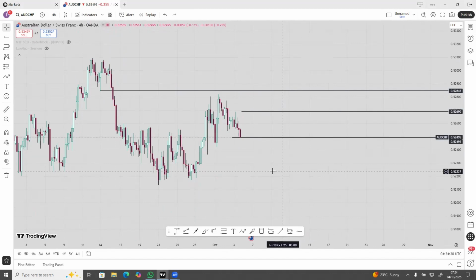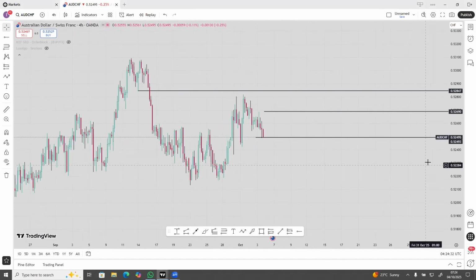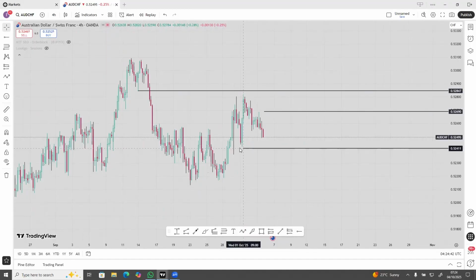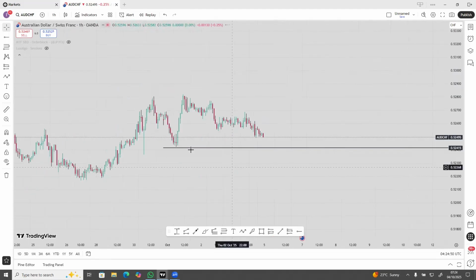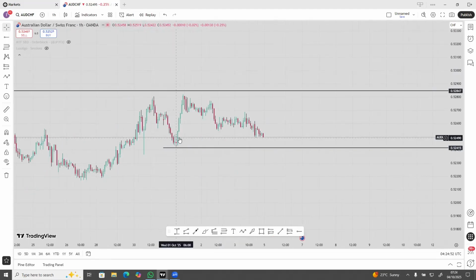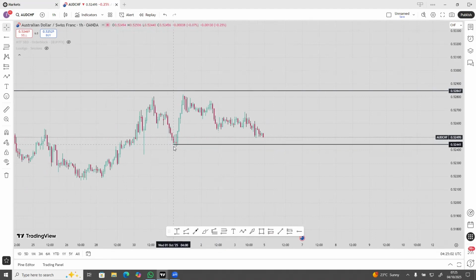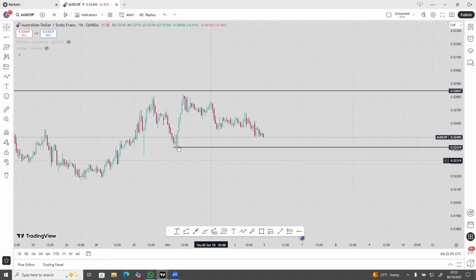On 4 hour, we have a corrective move to that point, so we can mark this liquidity. On 4 hour, you can mark that sell liquidity, then shift to 1 hour for detail. On 1 hour, you can see price trying to mitigate that demand, but this demand is not strong.